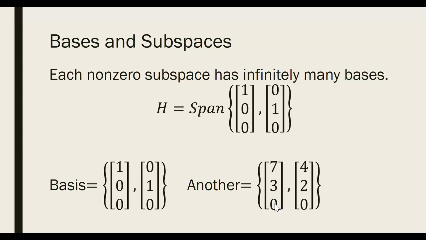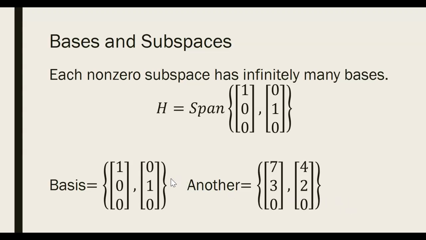Another way to show this is to notice that the last entries are both 0. So any linear combination of these two is going to look like something in the first spot, something in the second spot, and then a 0. You can also show that each linear combination of this, since there are 0s here, will have something in the first spot, something in the second, and then 0.